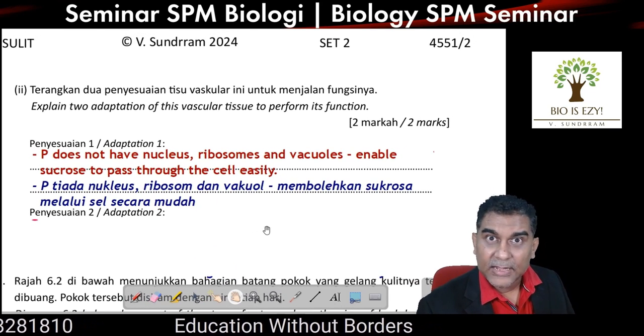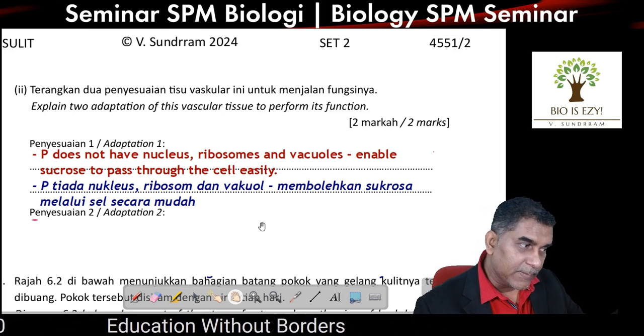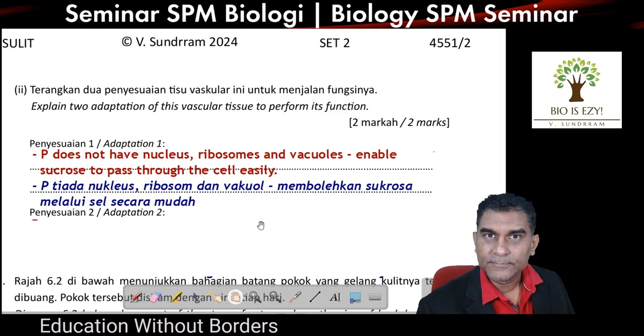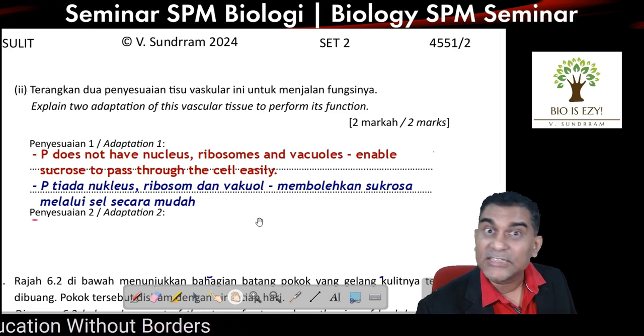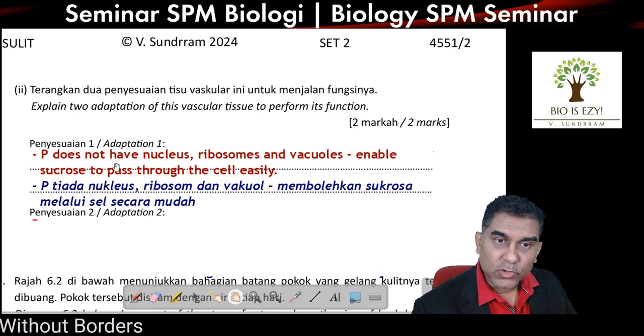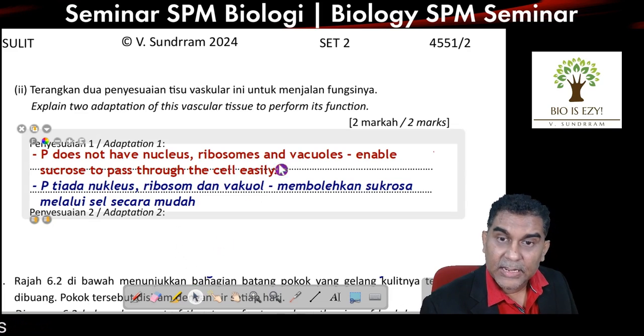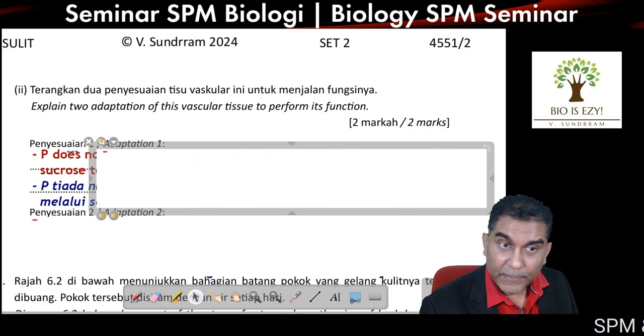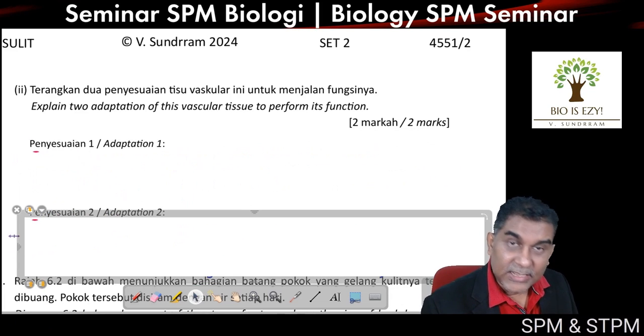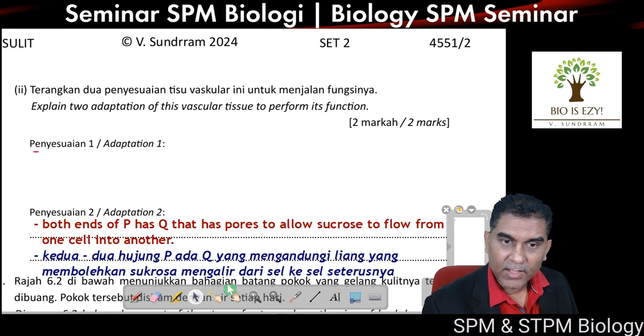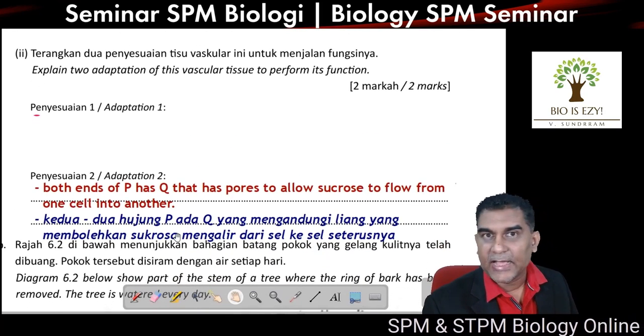Itu fakta. Penerangan, sukrosa boleh melalui sel ini dengan mudah. Kurang halangan, less interruption. So enable the sucrose to pass through the cell easily. Ini penerangan pertama. Penerangan kedua yang tadi saya dah terangkan. Plat tapis ada liang.